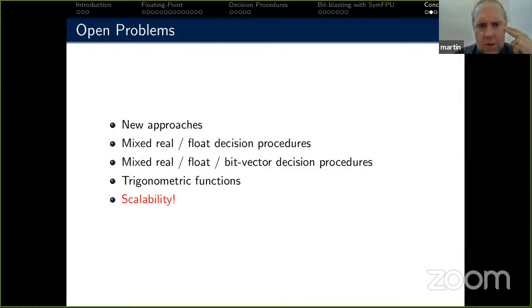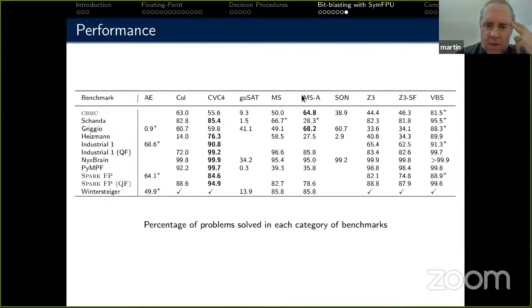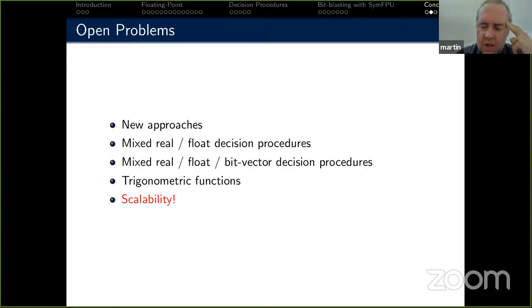Certainly on the interval side, Colibri do a great job with propagation, but their search is not great. There's almost certainly a way of combining what MathSAT ACDL and Colibri do, and that combination will be very, very powerful. On the axiomatic side, there must be a way of expanding those real axioms and then doing something with reals.